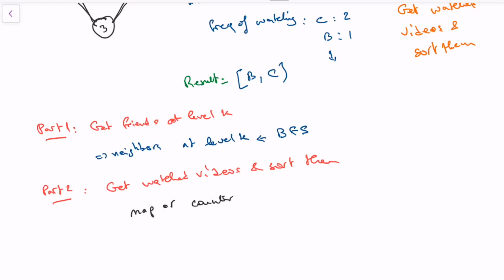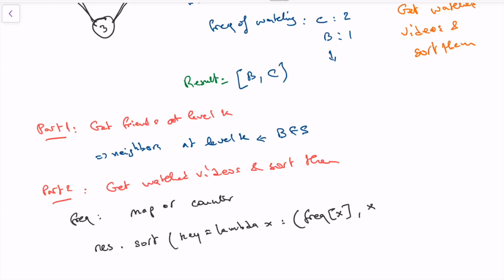Let's say we have this frequency map, then we can take the watched movies, let's suppose we put them in res, and we can sort them in Python using the key, where the function that will do the sort would use the frequency first as the sort key, and if the frequency is the same, then we can just use the video string itself, right? And that would be pretty much it.